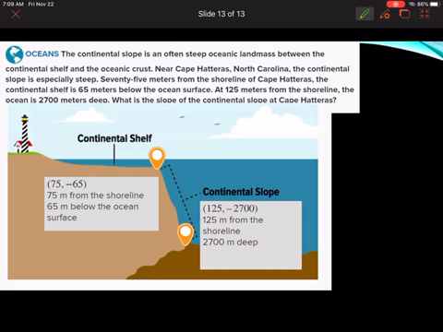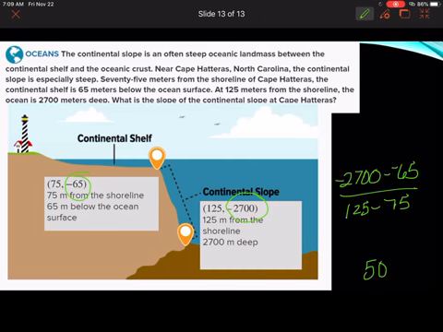So here it asks, what's the slope at Cape Hatteras? I just need to take my change in y over my change in x. So we'll do -2700 minus a -65, and we're going to divide it by 125 minus 75.